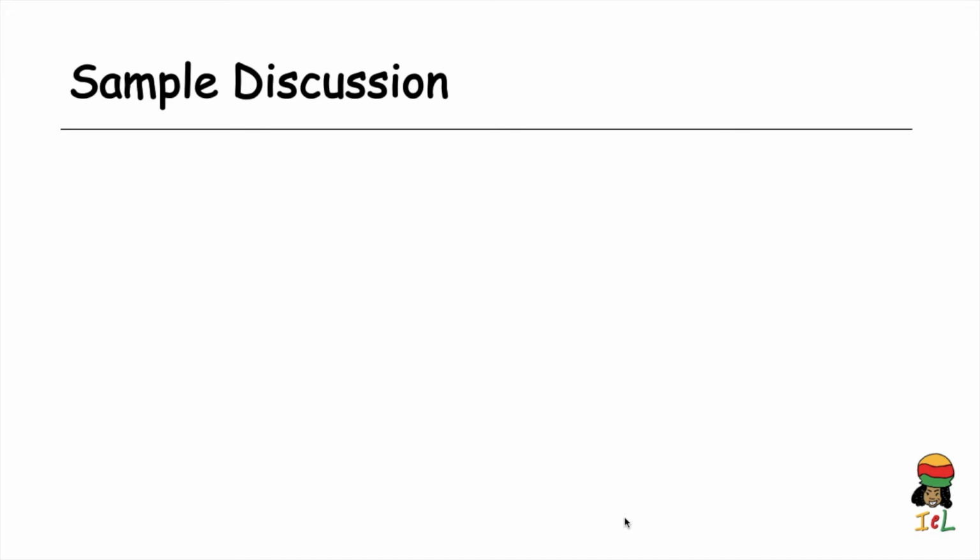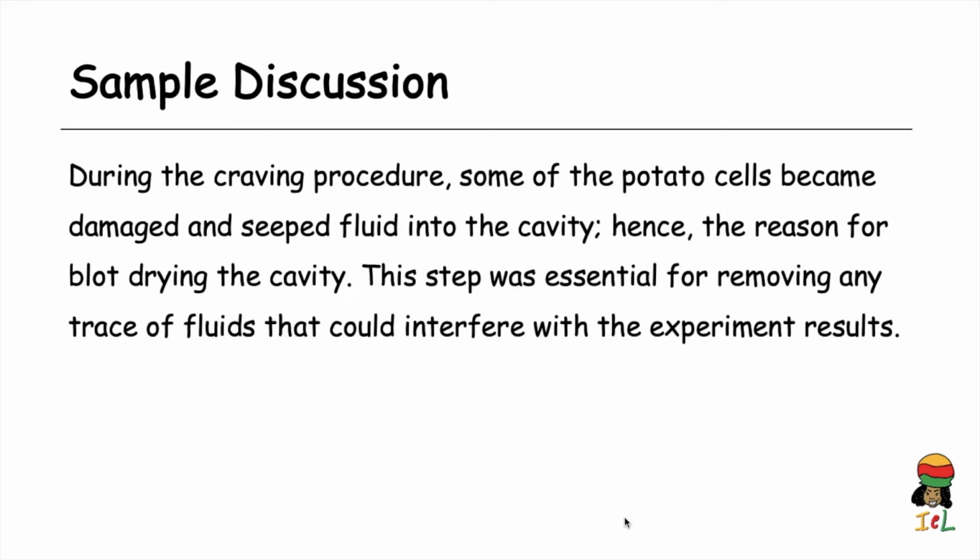So here is a sample discussion. During the carving procedure, some of the potato cells became damaged and seeped fluid into the cavity. Hence, the reason for blot drying the cavity. This step was essential for removing any trace of fluids that could interfere with the experiment results.